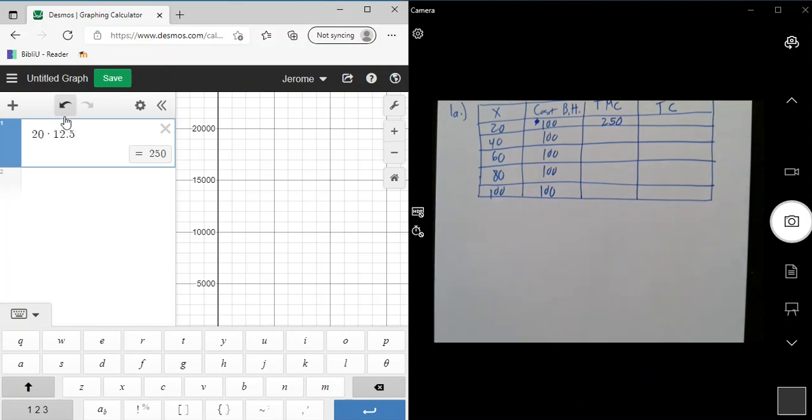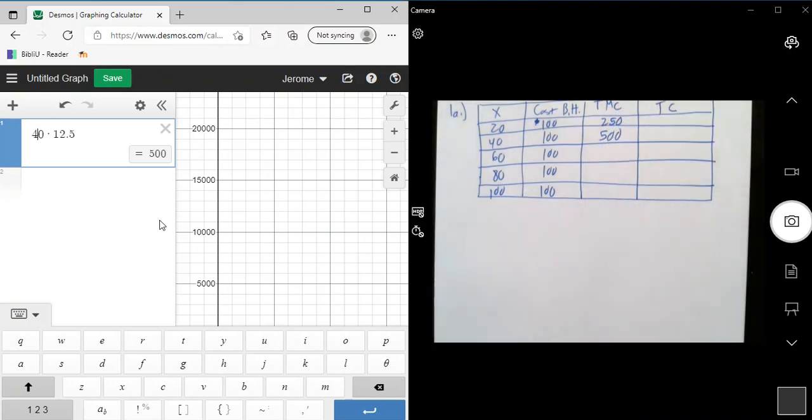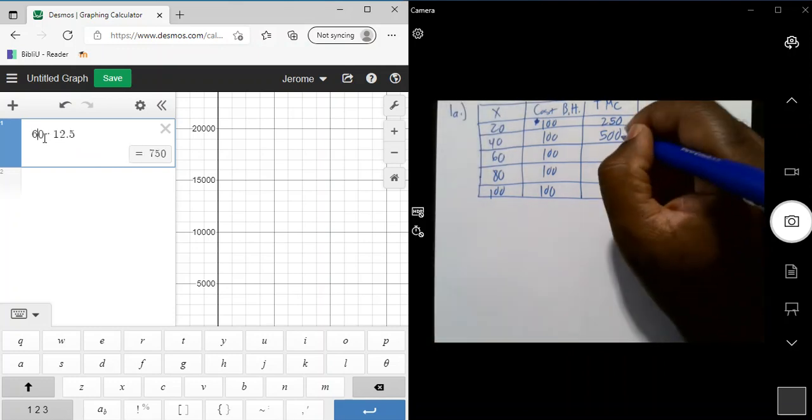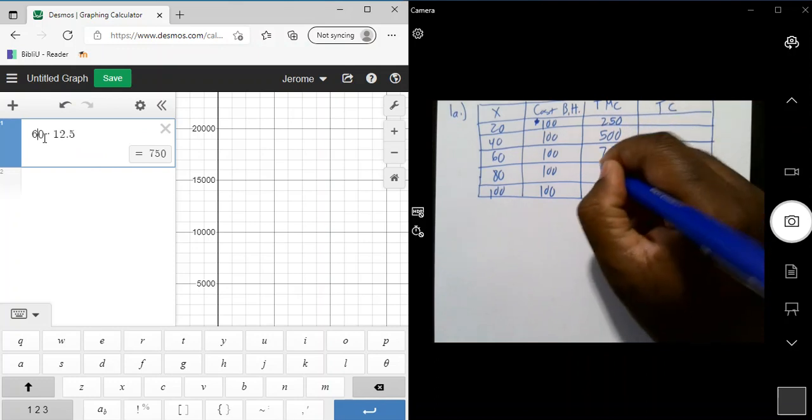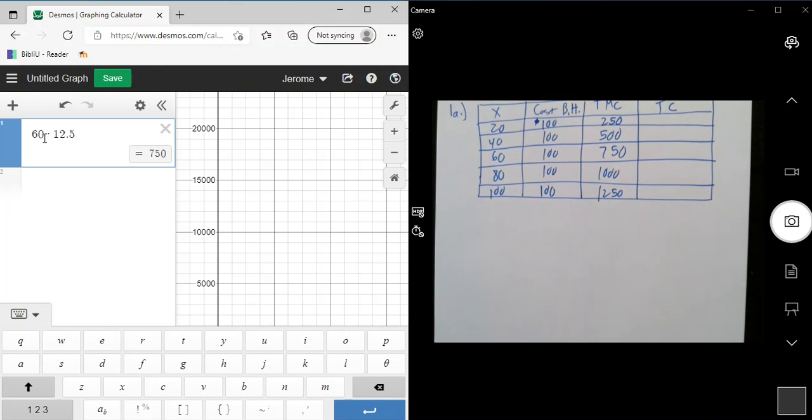And then next we would do 40, then 60, and so on. So then 80, and then finally 100.